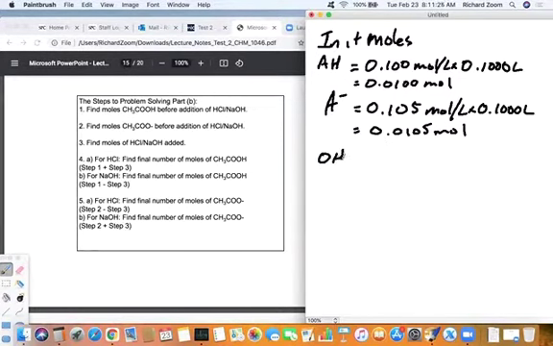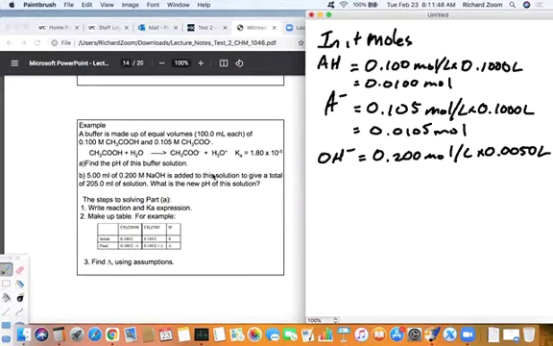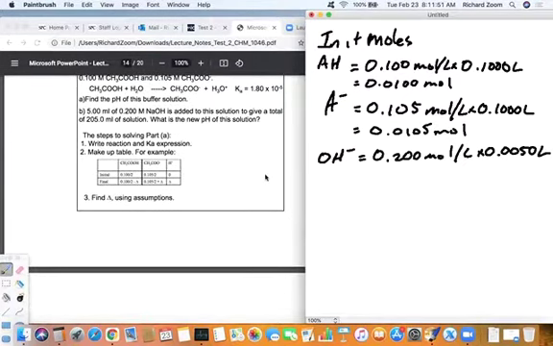Now we have to find the moles of OH minus we're actually adding, and that's going to be 0.200 moles per litre times 0.0050 litres. Just make sure I've got the right number of zeros there. No, it's 5.00. So there's one more zero here.